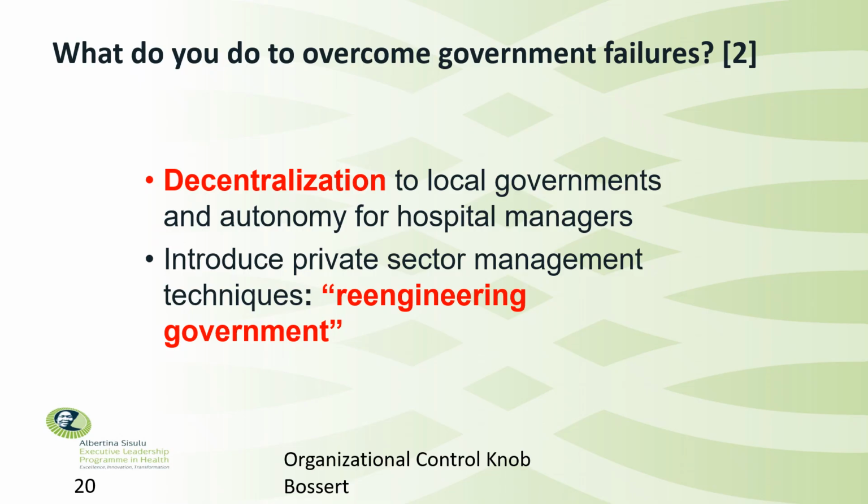You can also use private sector management techniques such as re-engineering of government, re-looking at government processes and how to make them much more efficient. We know about techniques such as lean management and so on. So these are different examples of how you can overcome government bureaucracy inefficiencies as well as issues around political interference.